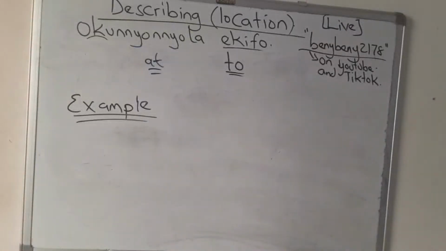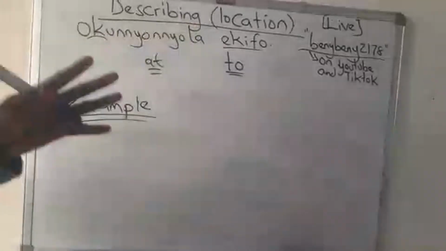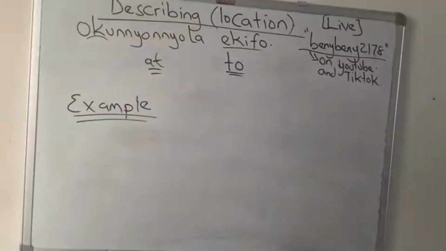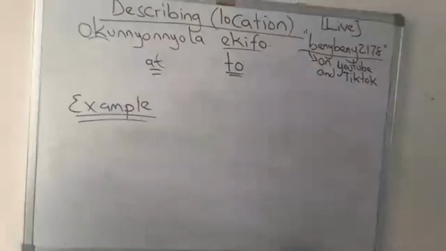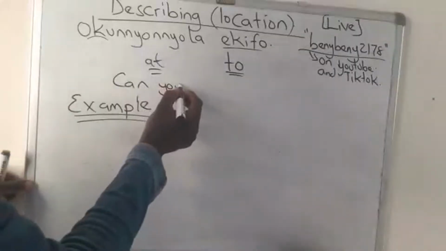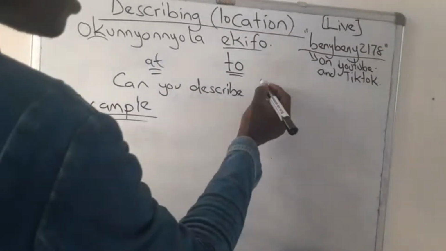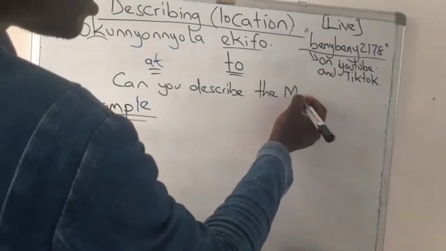Are we together? Good. So today we're going to look at describing location. What do I mean by describing location? Describing is okunnyonnyola. For example, someone can tell you, can you describe the map?